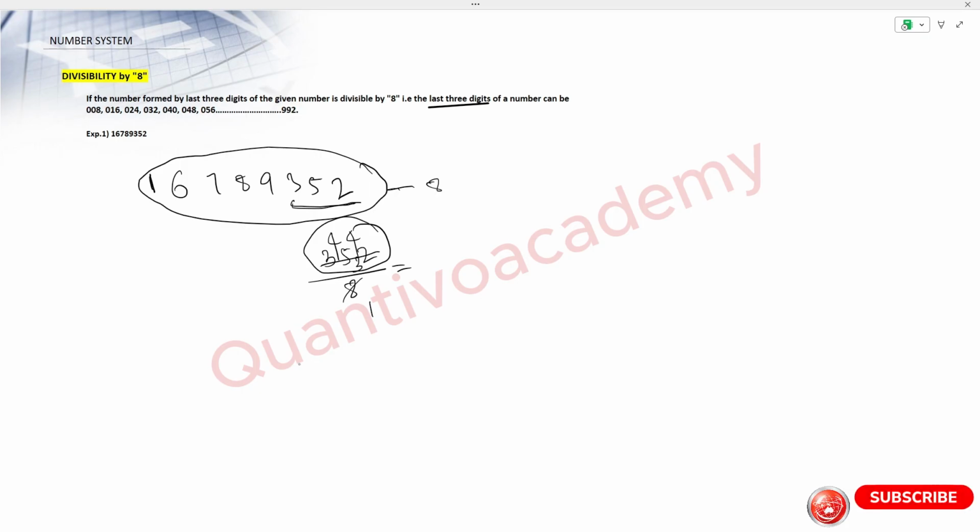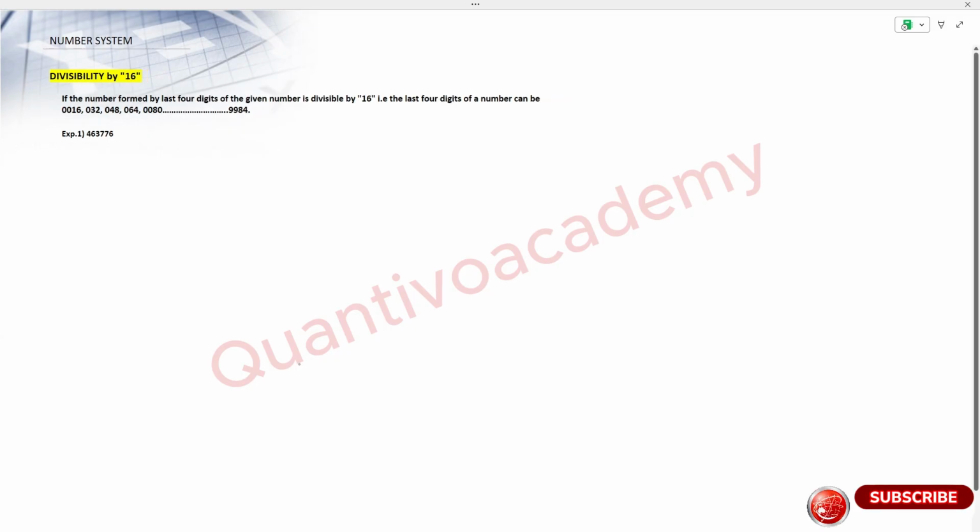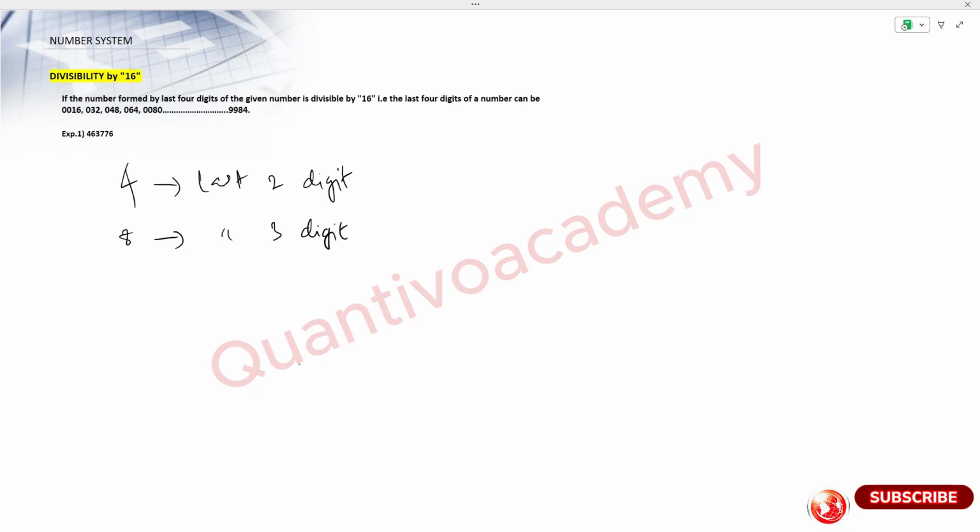In the same way, we have another divisibility, that is divisibility by 16. This is also the same as divisibility by 4 and divisibility by 8. In 4 we consider the last two digits, in 8 we take the last three digits, and in 16 we will take the last four digits.